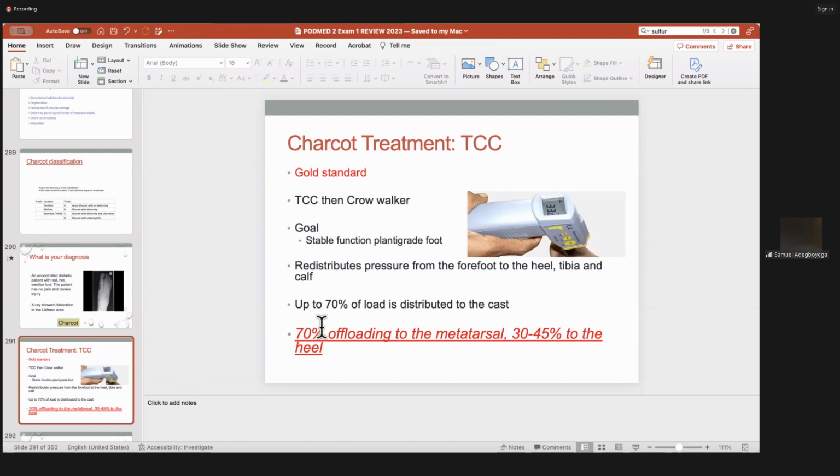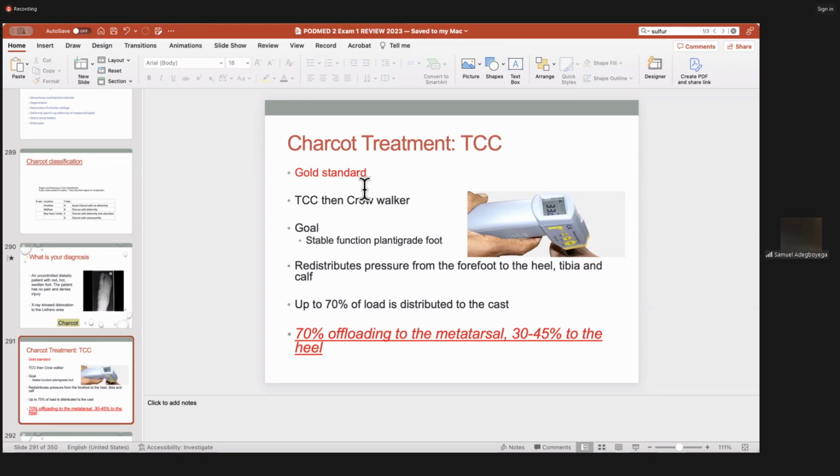Your Richie brace, or most of these braces, they're called tri-lock braces, they are really good for ankle sprains. What they do is they prevent frontal rotation. They prevent your ankle from moving side to side, left, right. So your tri-lock braces, your Richie braces, those braces for ankle sprains, they're not good for Charcot.